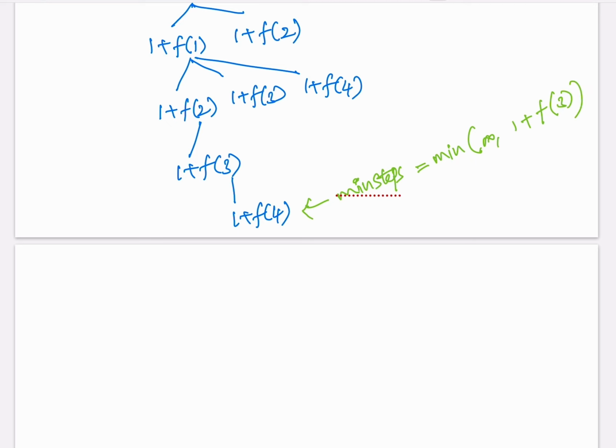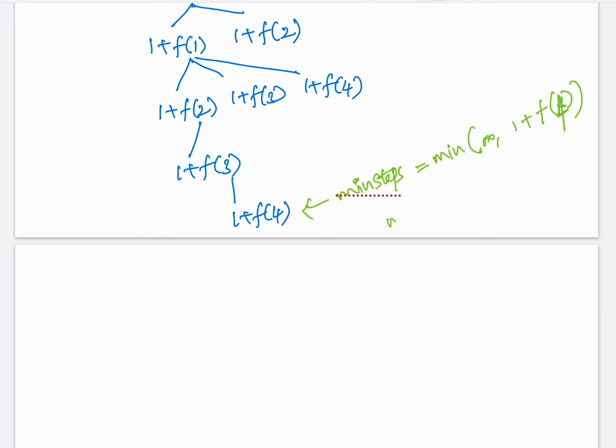On which index was it generated? On 3, so 1 plus f of 4, I think. So this is the 0, and this will be the 1, and minimum steps will be updated here.